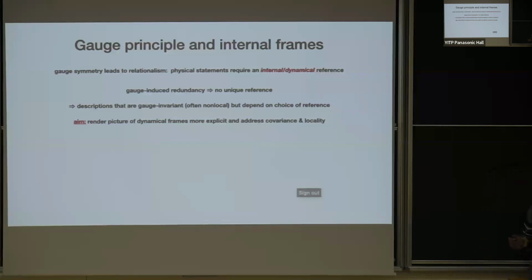The gauge-induced redundancies tell us that there's in general no unique such internal reference, and ultimately that leads to gauge invariant descriptions that however depend on the choice of an internal reference. And these gauge invariant descriptions are also, of course, often non-local.